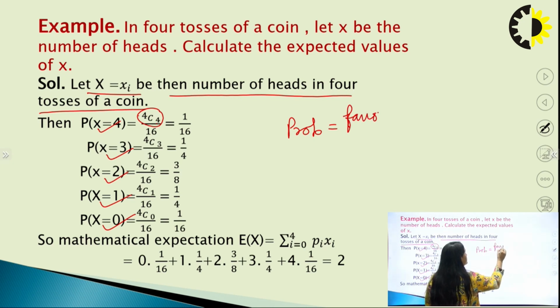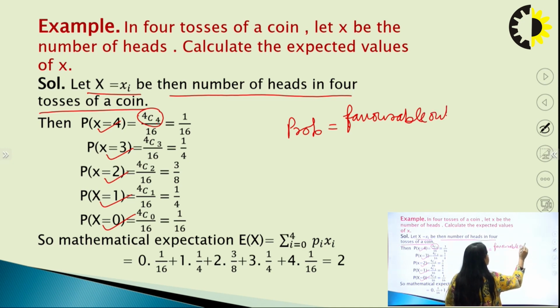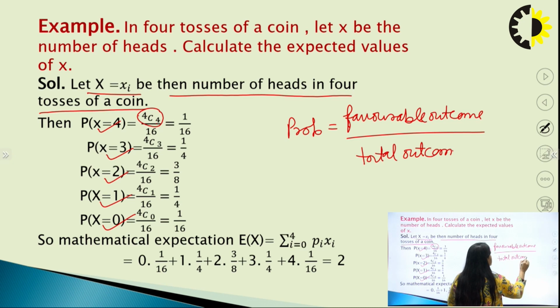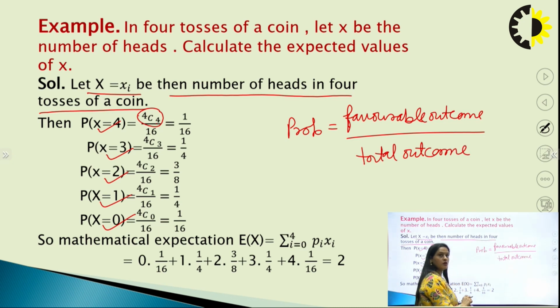favorable outcome upon total outcome. So, in this, what is the favorable outcome? Favorable outcome is that we want 4 times head out of 4 tosses.